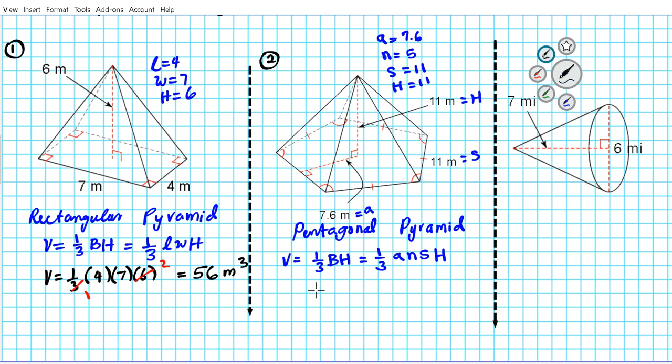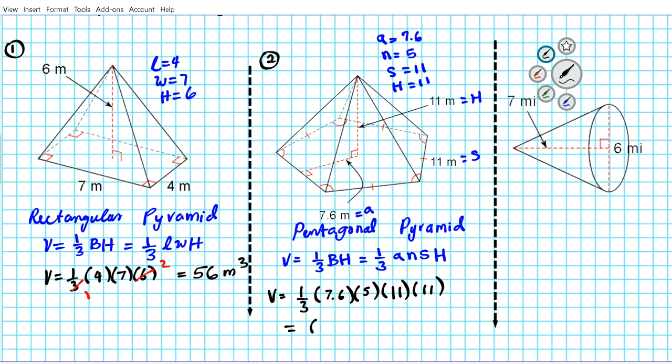So let's go ahead and plug everything in. We're going to have volume is equal to 1/3 times the apothem, 7.6, times, so apothem times the number of sides, which is 5, times the length of a side, which is 11, times the altitude of the pyramid, which is also 11. Okay, so 3 doesn't go into any of these, so we can just multiply the top and then divide our answer by 3.